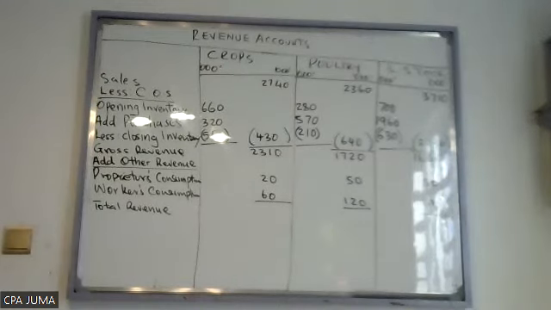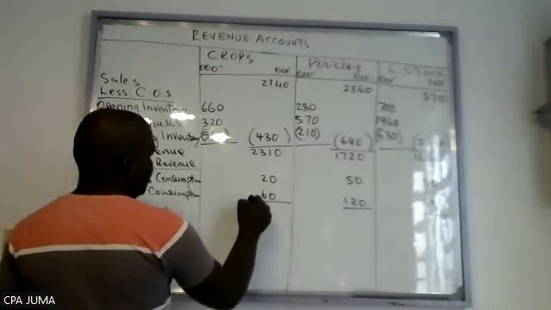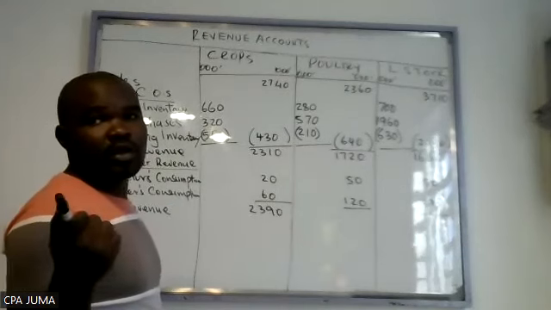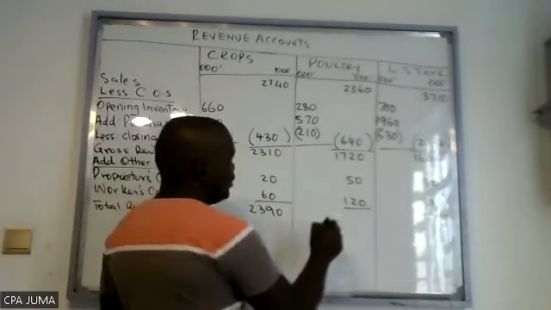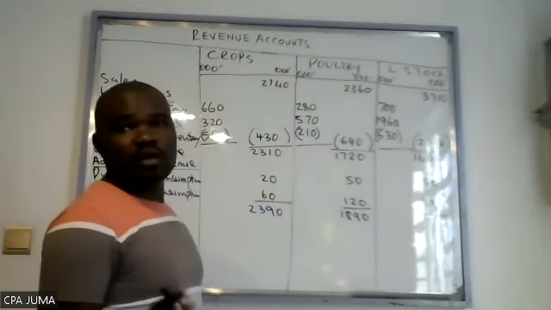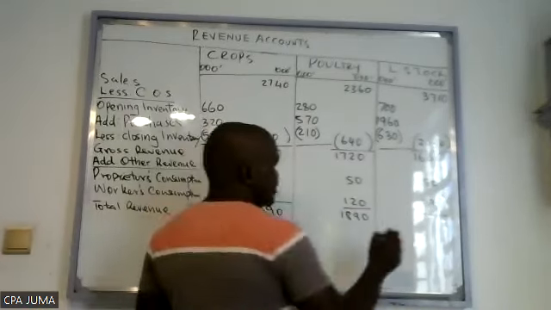We are there. 2390. Then 1890. Then 19.5.